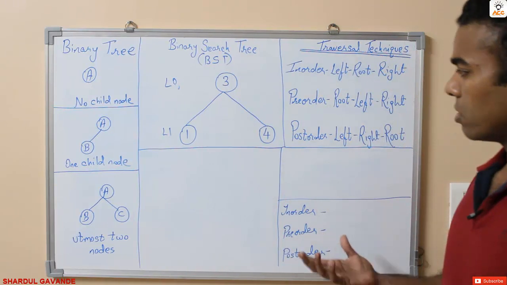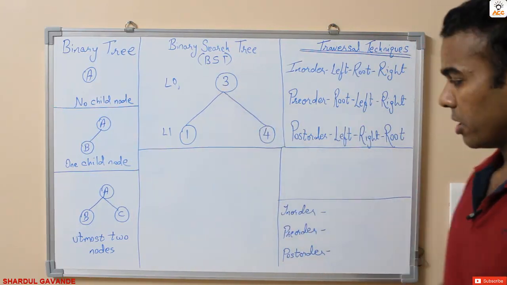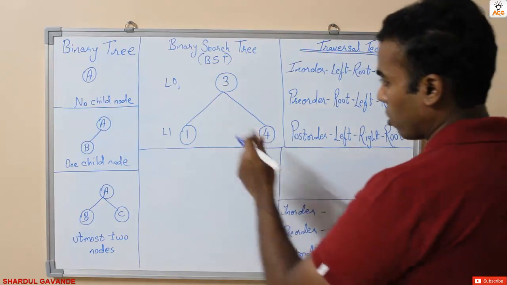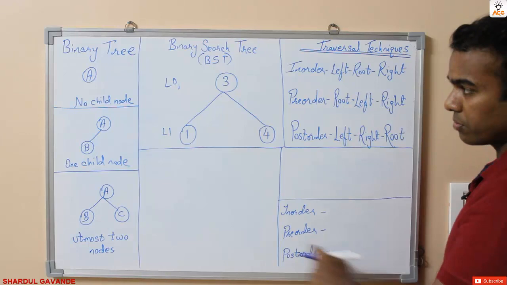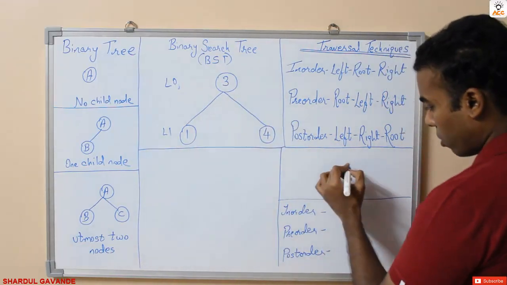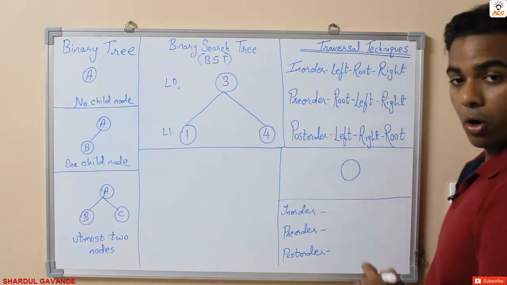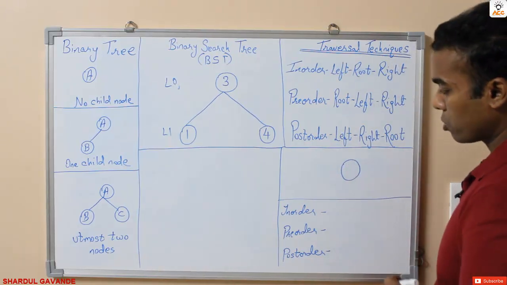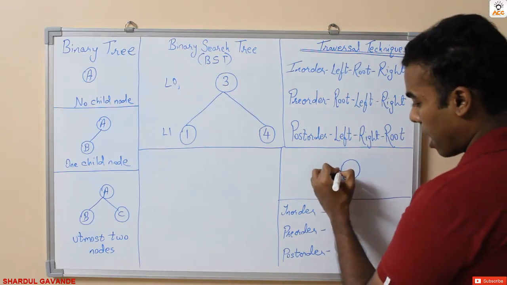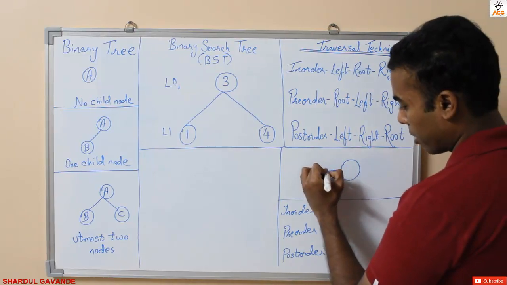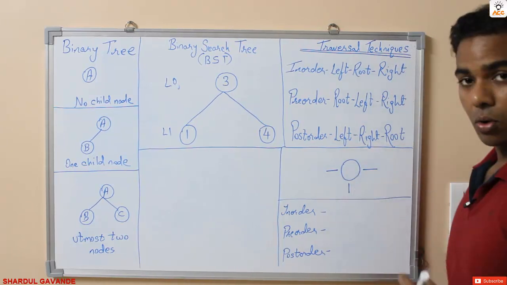So let us implement these traversal techniques on a given binary search tree. Now we have to find the in-order, pre-order and post-order for this given tree. There is a representation to find these. Let's assume this is my node. I will mark the left of my node, the bottom of my node and the right of my node.